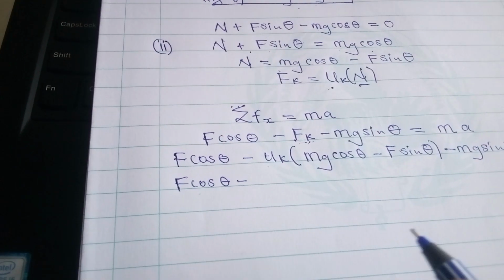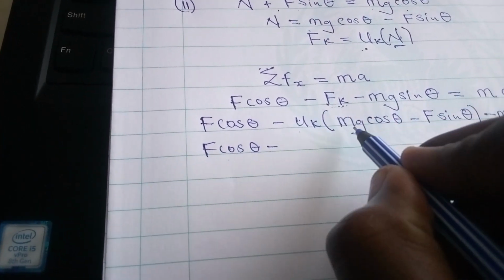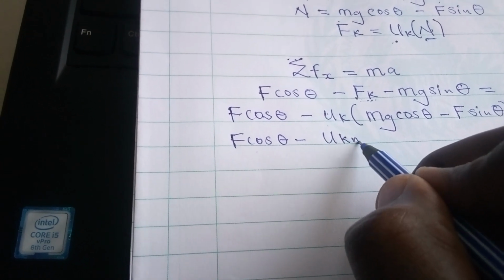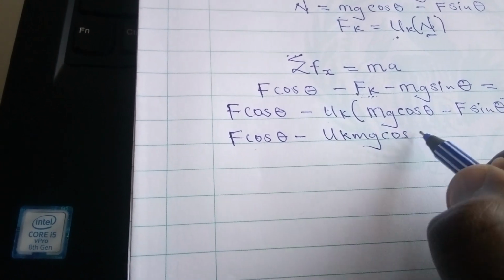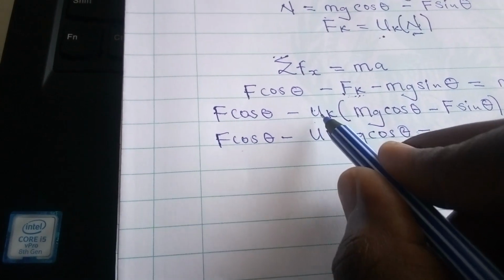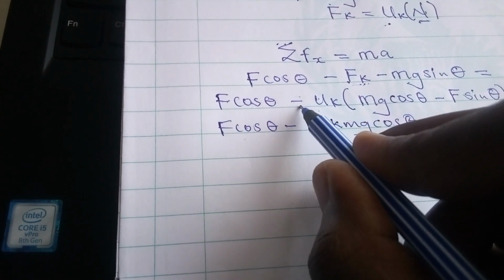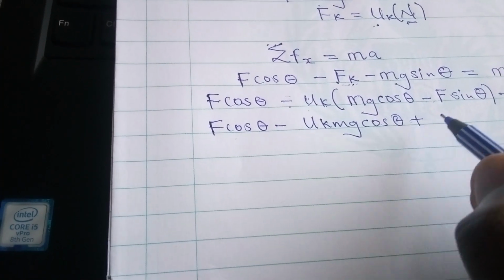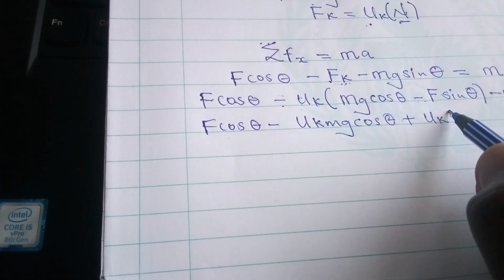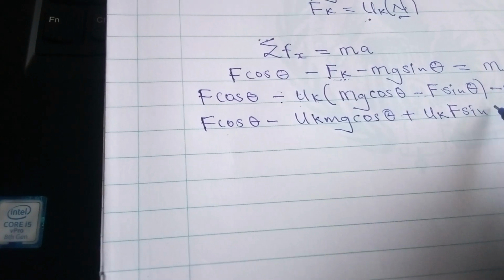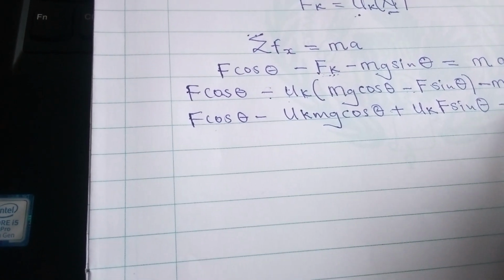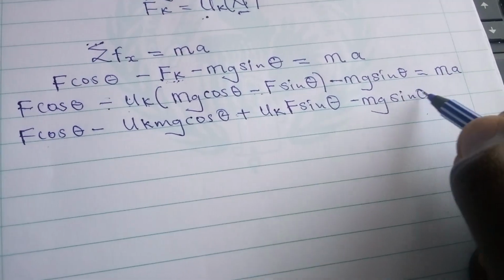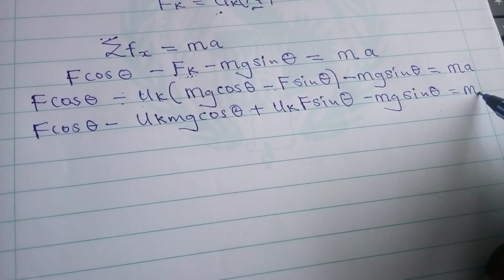When you multiply mu k times mg cos theta, you obtain mu k mg cos theta, minus negative mu k times negative, that becomes positive mu k F sin theta, minus mg sin theta is equal to ma.